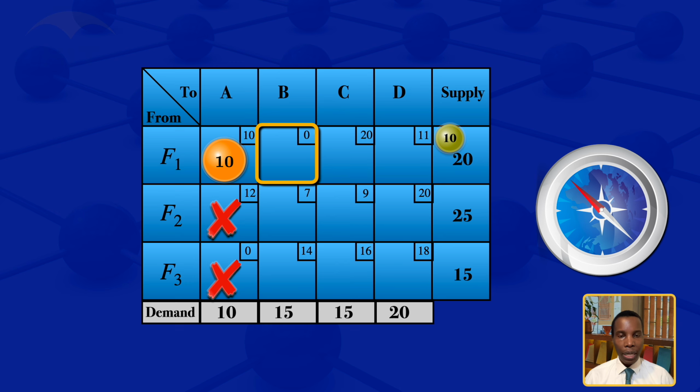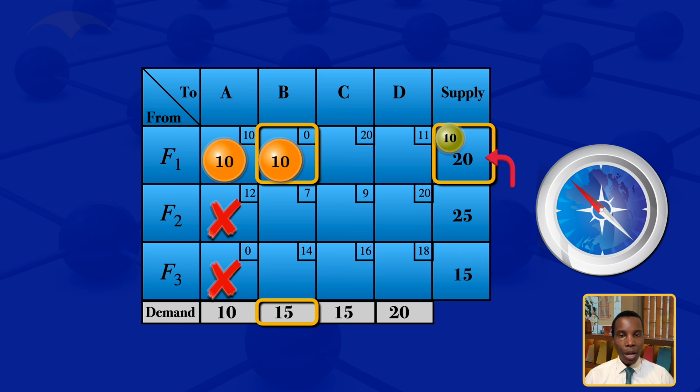To see how much we can allocate, we look at the supply. We have a 10, and the demand, we have a 15. So to see how much we can allocate in the highlighted cell, we look at the minimum of the 10 and the 15, so we allocate 10 units. But the moment we allocate the 10 units there, we have reached the supply constraint for F1, which is a 20.